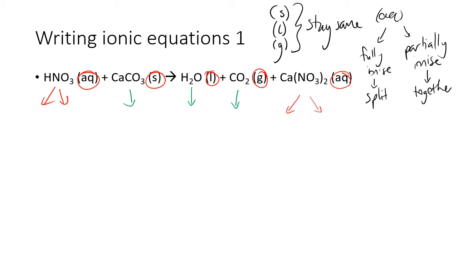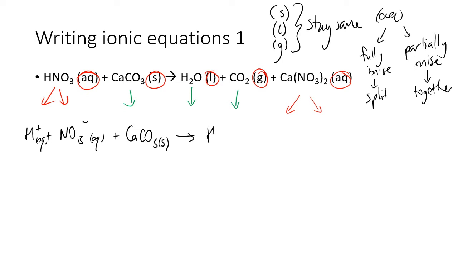So what does that then look like? You have H plus, NO3 1 minus, aqueous, both of these AQs, plus CaCO3, solid, plus, oh no, there are more pluses. Okay, so those are our reactants.